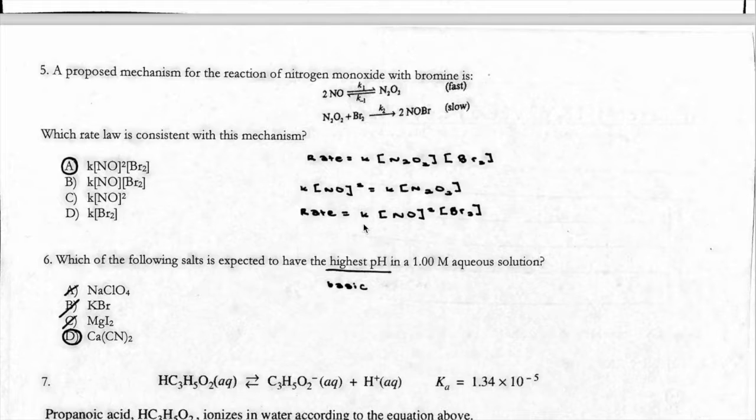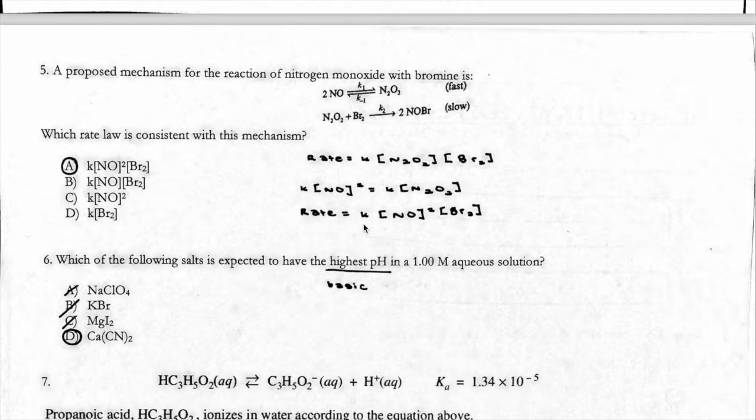Since the first reaction is in dynamic equilibrium, meaning the rate of the forward and the reverse are equal, I can write k times [NO] squared equals k times [N2O2]. I can then replace the concentration of N2O2 with [NO] squared, and that gets me the rate law A.